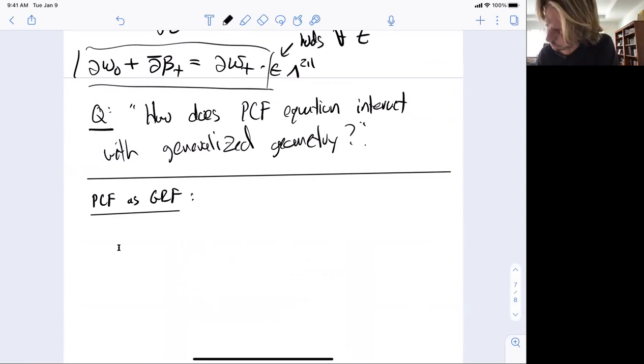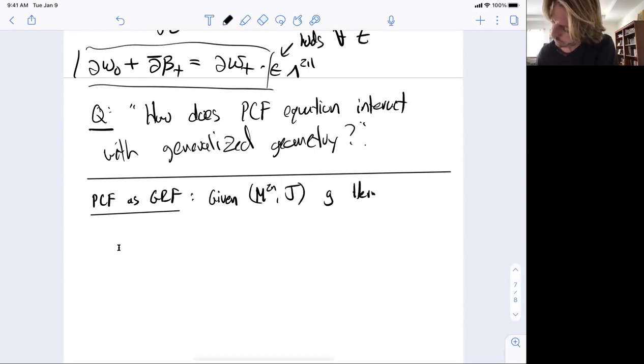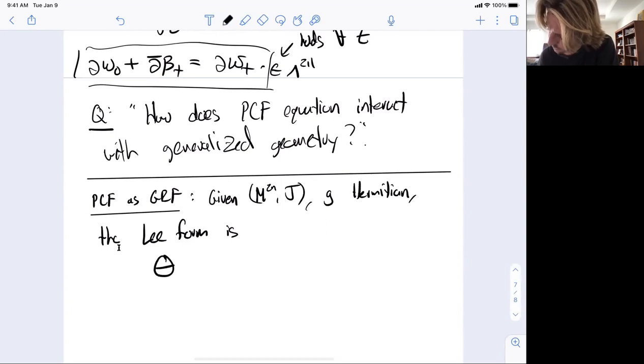So given M, J and G some Hermitian metric, the Lie form is as follows. By our convention, the Lie form is theta.